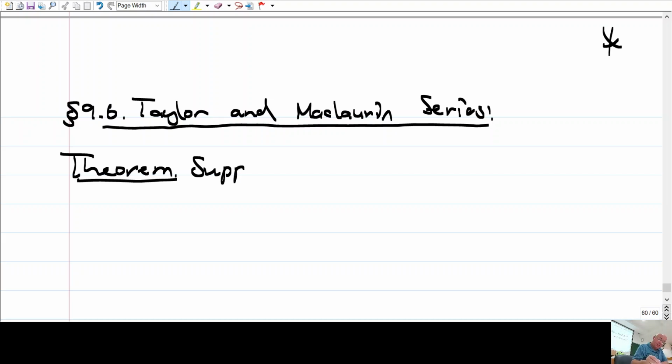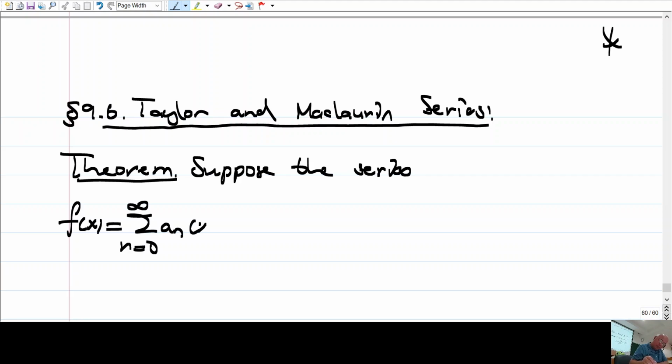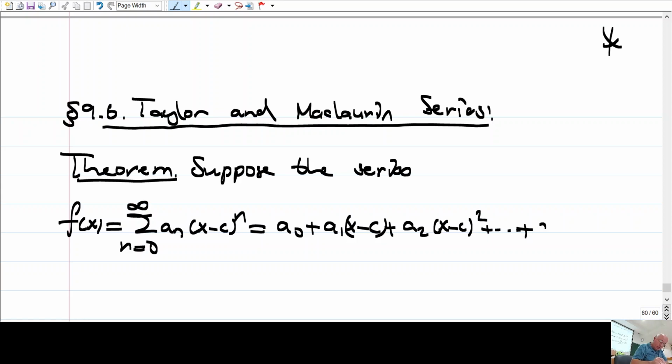Now, suppose the series f of x equals the sum of a n x minus c to the power n, which is just a0 plus a1 x minus c plus a2 x minus c squared plus and so on, plus an x minus c to the power n, converges to f of x.